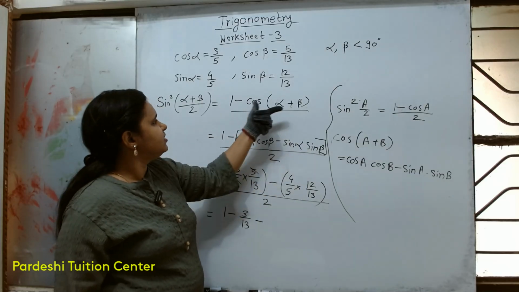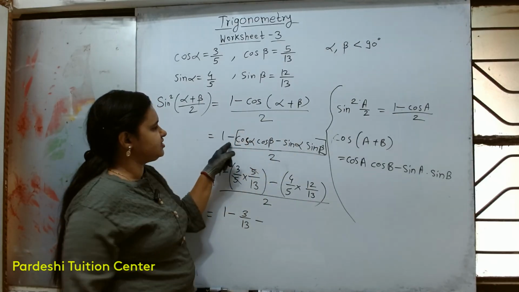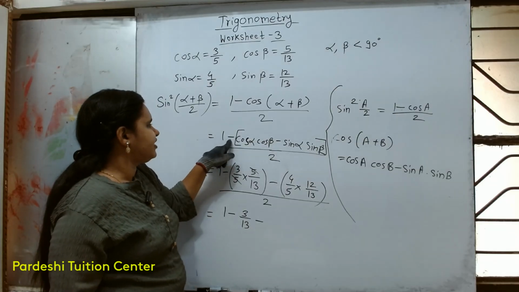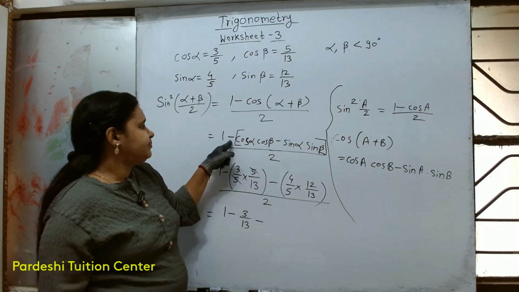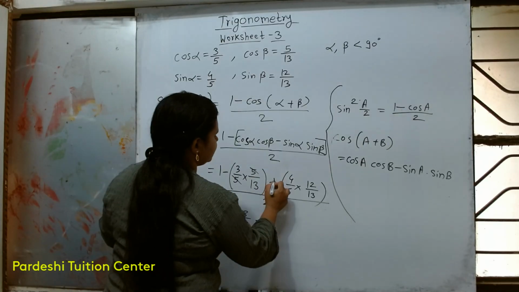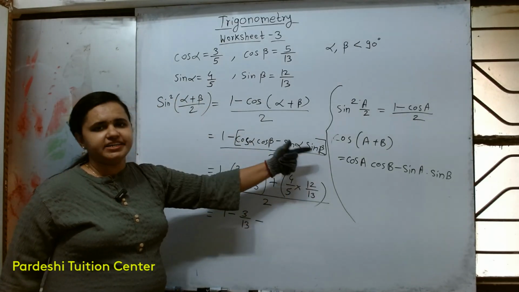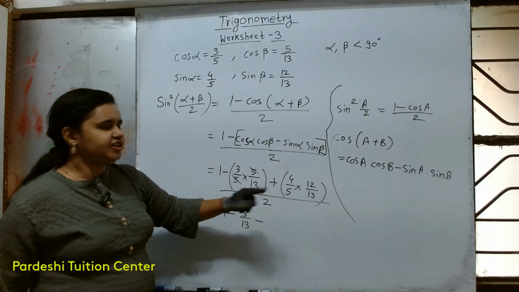We have just expanded this cos (alpha plus beta), so it will be in a bracket because here it is minus. If I multiply minus inside the bracket, it will be minus here and plus here. This is one term, so we have put it in the bracket. So minus and minus will get plus.